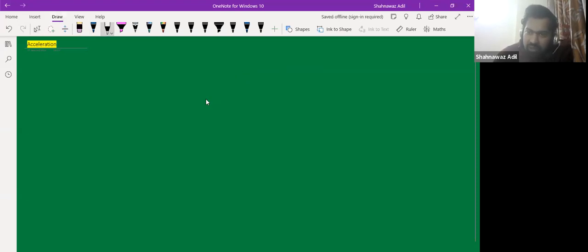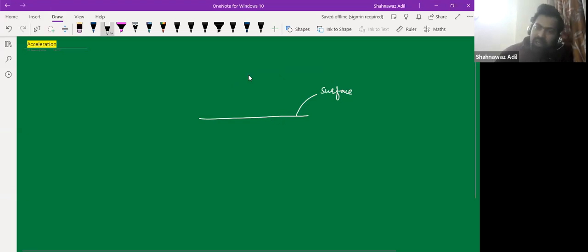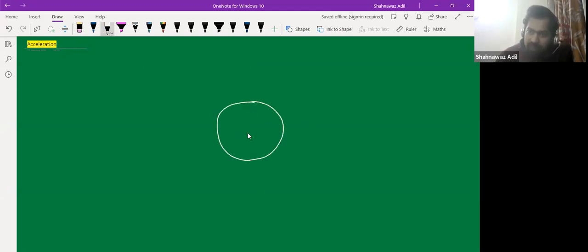Let's say we have an object. This is the surface of the Earth, and some object is at this place, or at this place. So let me make a spherical surface. Let's say this is our Earth, and this is the radius of the Earth.